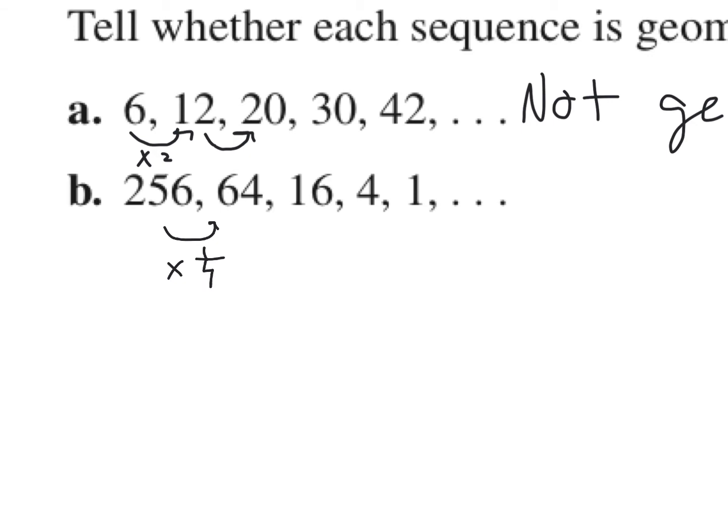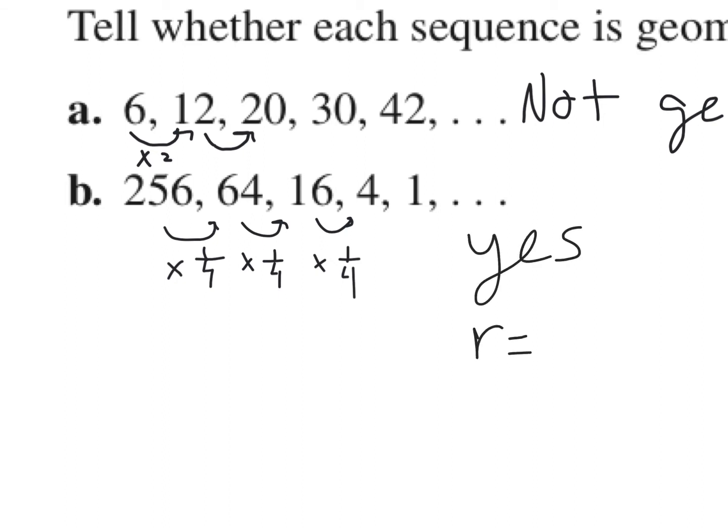So we're multiplying by 1/4, multiplying by 1/4, and multiplying by 1/4. So is the second one geometric? Yes. And what's our common ratio? 1/4.